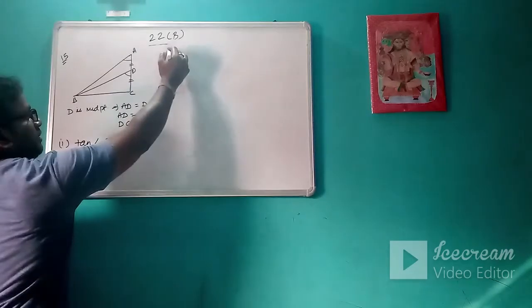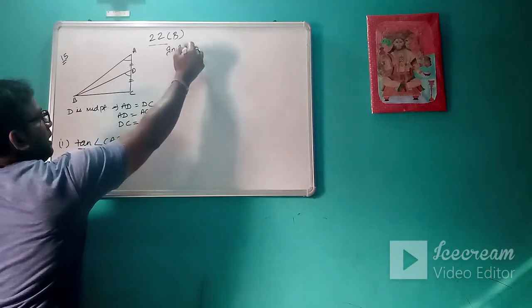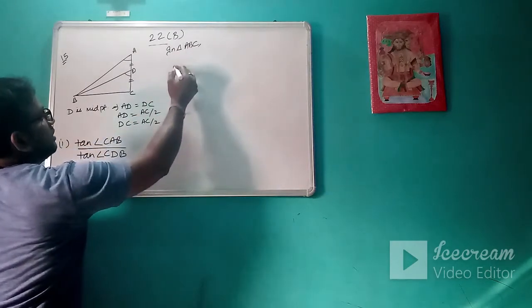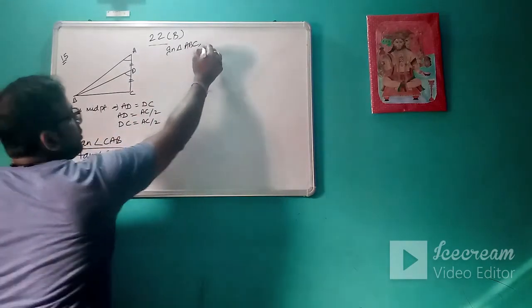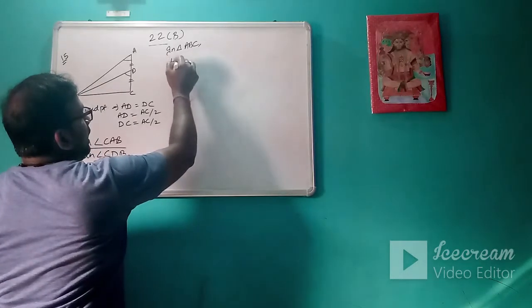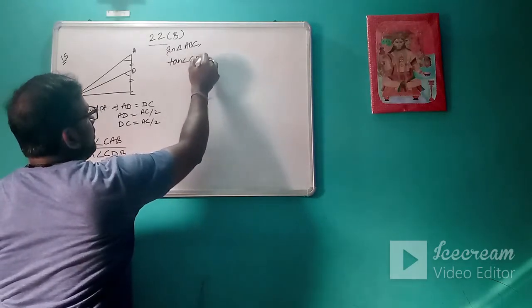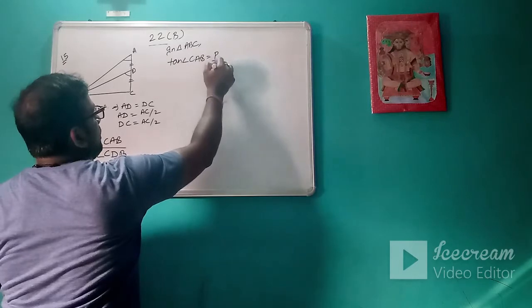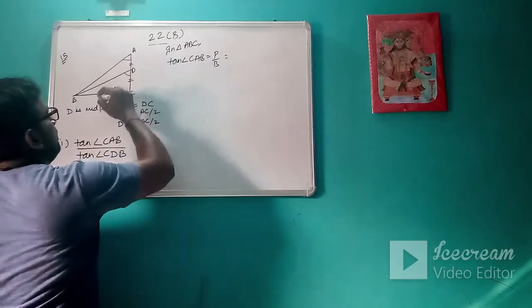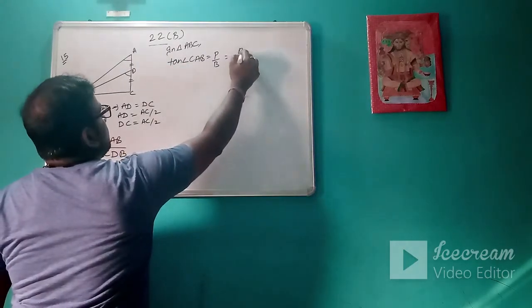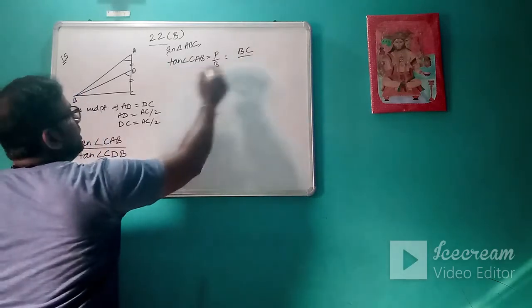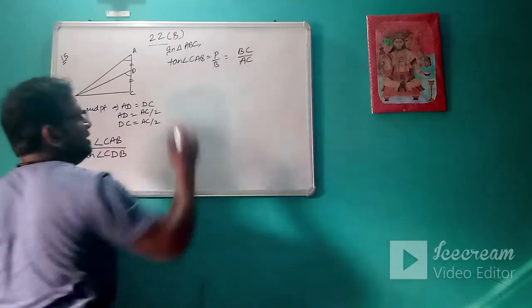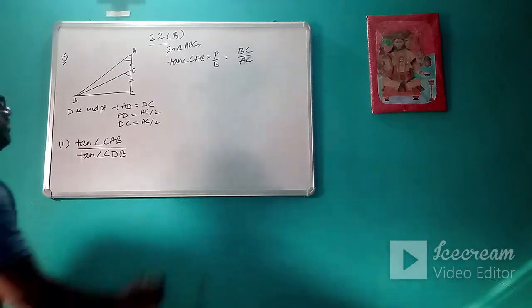If you consider the bigger triangle ABC, tan angle CAB is P upon B, and for this angle CAB, the perpendicular is BC and the base is AC.